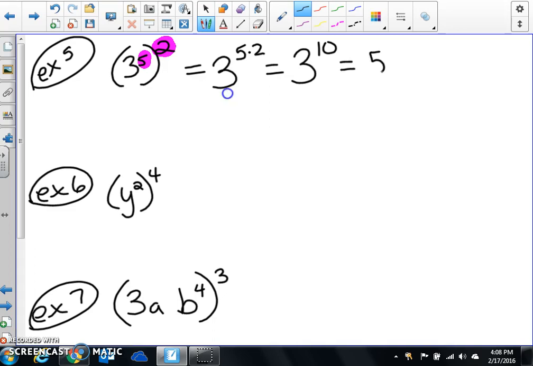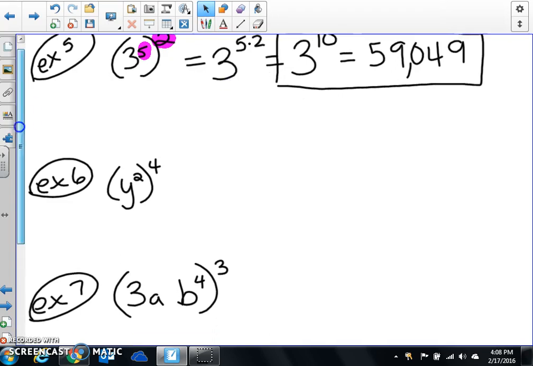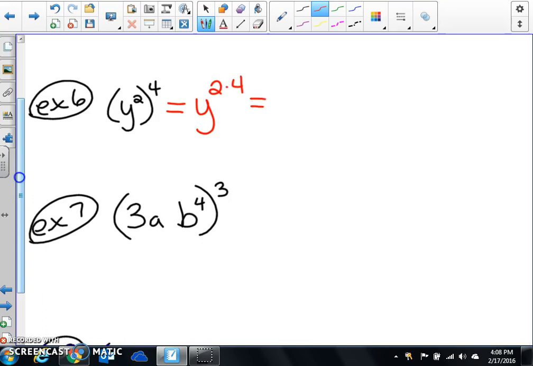And this would be 59,049. Both of these are correct. Okay, let's do the next one. Y squared all to the 4th. I take my base, power to a power, I multiply. So 2 times 4. And so this would be y to the 8th.